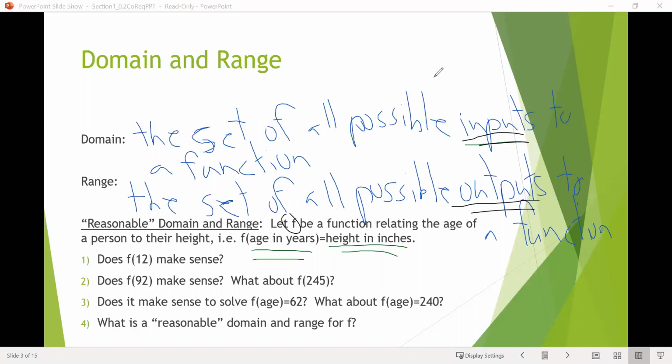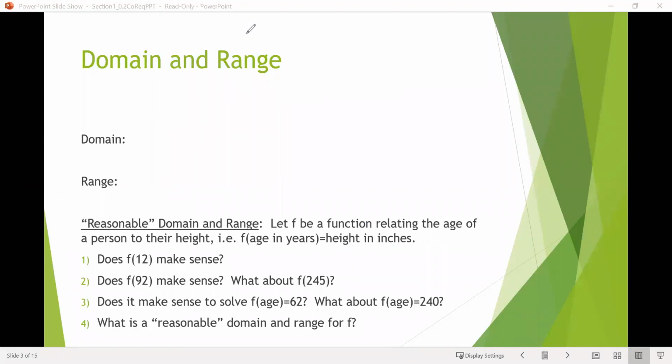So an example of this is someone on this video, who may be the person talking right now, is 33 years old. So to figure out their height, we could do f of 33, and it would output that person's height in inches, which is about 5'9½", which in inches is 69.5.